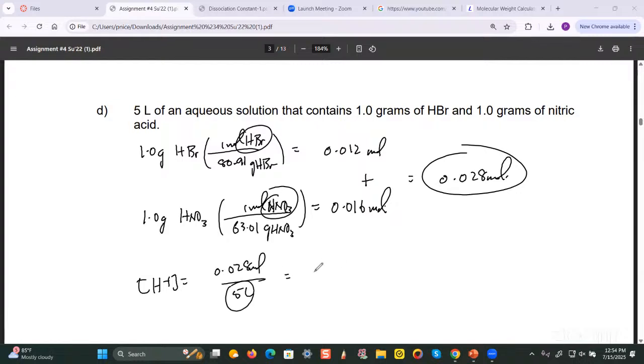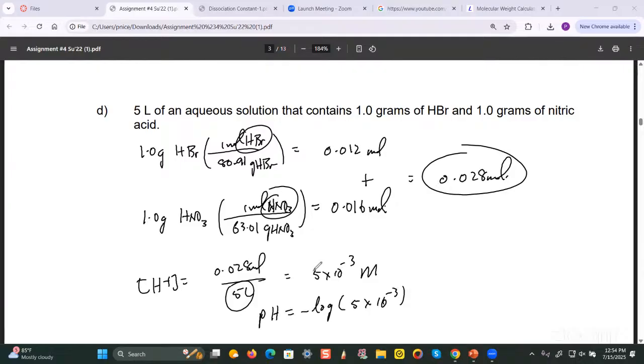I got 5 times 10 to the minus 3 M, or moles per liter. Then we have to find the pH, and we all know how to do that. pH is equal to what? Minus log of 5 times 10 to the minus 3.